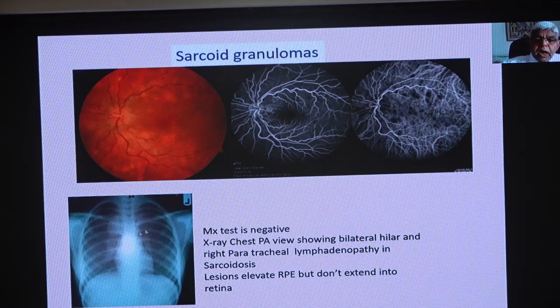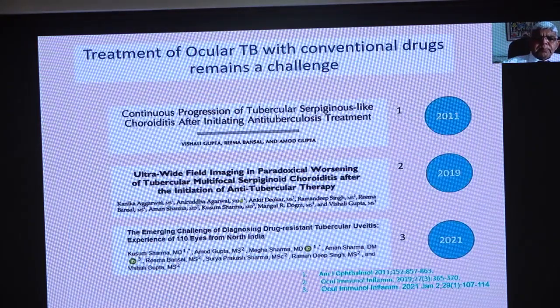You have hilar lymphadenopathy. Almost 90-95% of the patients would show hilar glands or paratracheal glands which are swollen, and you can see these glands and diagnose the sarcoid pathology with great confidence.